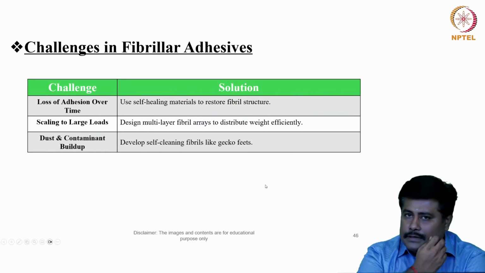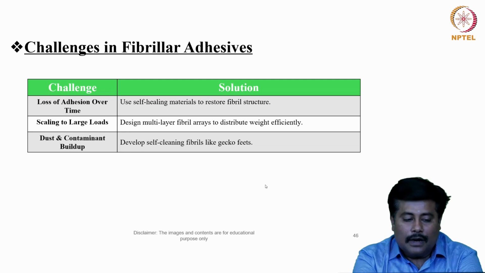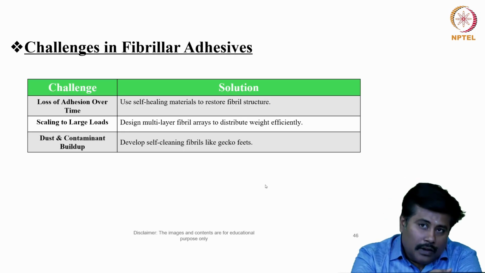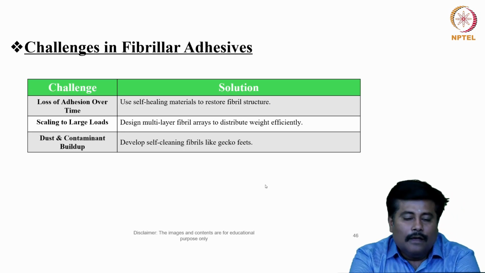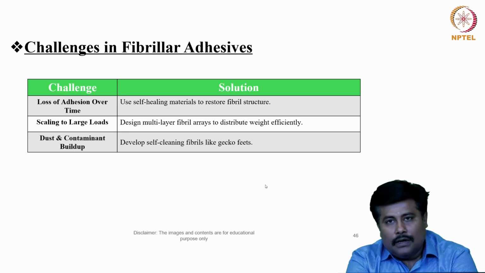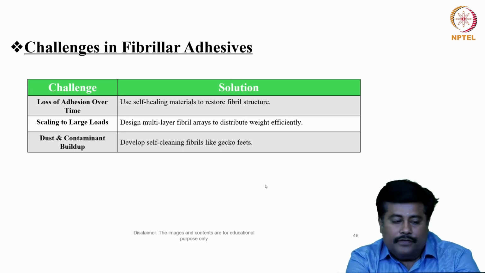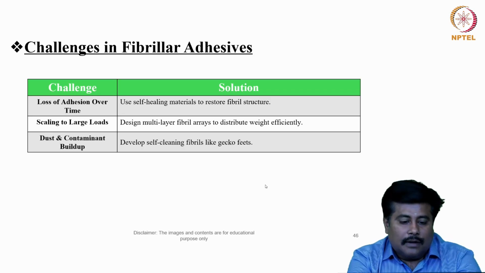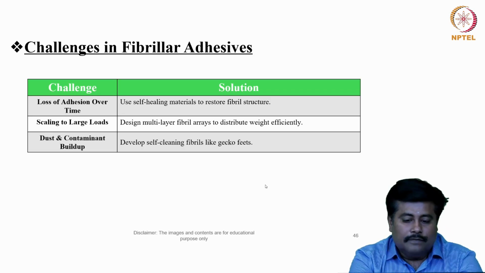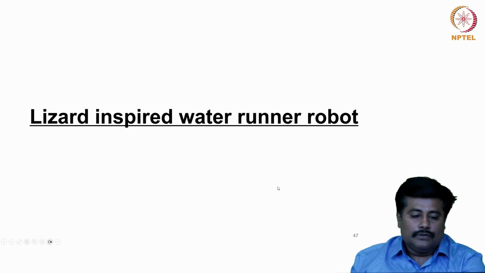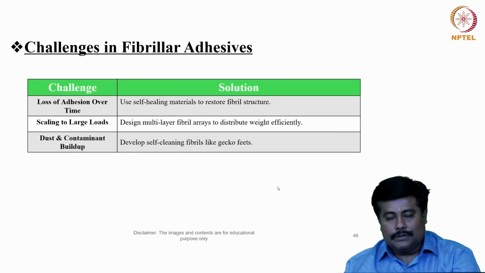Some key challenges observed in fibrillar adhesives are loss of adhesion over time, which can be addressed by using self-healing materials to restore the fibrillar structures; scaling to a larger load, which calls for designing a multi-layer fibrillar array to carry weight efficiently; and dust and contamination buildup. Developing self-cleaning fibrillars like gecko feet is one of the solutions being established.